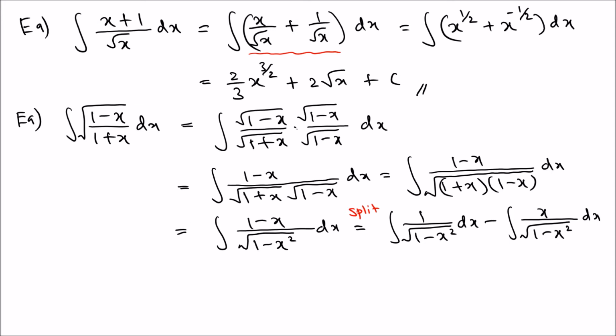And you can see the first one we already know. For the second one, what we can do is think of the derivative of the bottom function. Once you take the derivative you get negative 2x. x is there, negative 2 you can multiply and divide. So we can write this one as, I'm just going to repeat here, or you can just do the manipulation there.